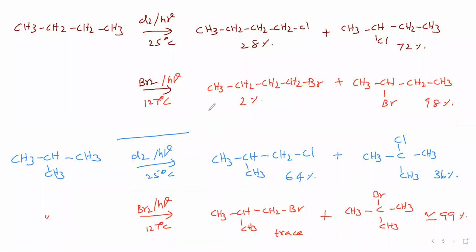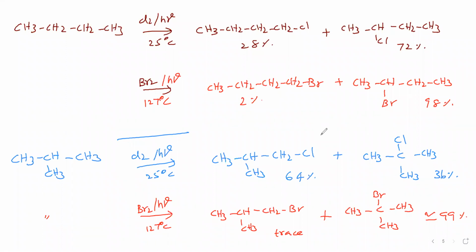Shall we consider the rate of bromination alone, or shall we consider the number and types of hydrogens available also? This experimental evidence reveals that we have to consider the rate of bromination alone. We need not consider the number of hydrogens available. That's what this experimental evidence reveals.